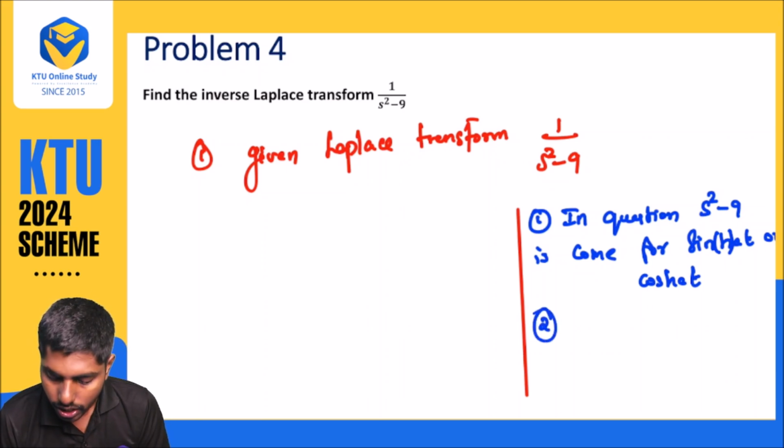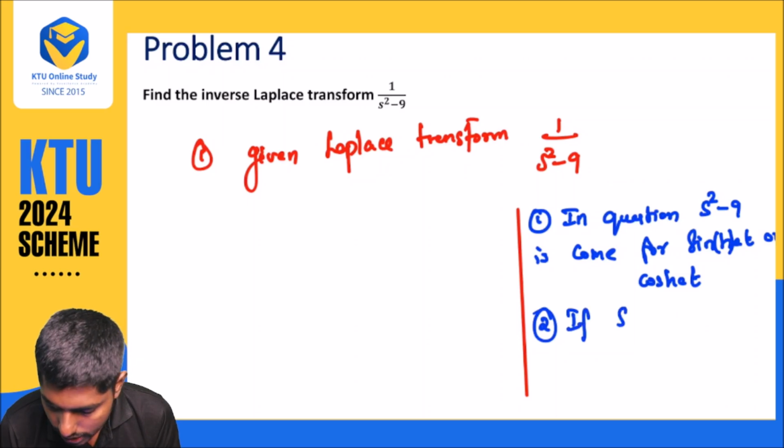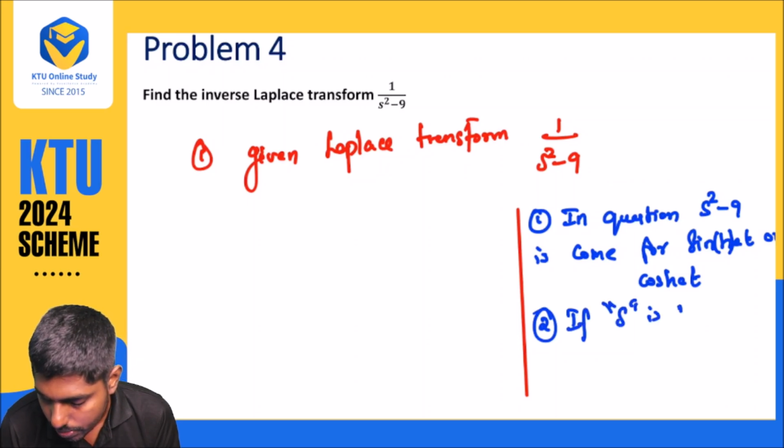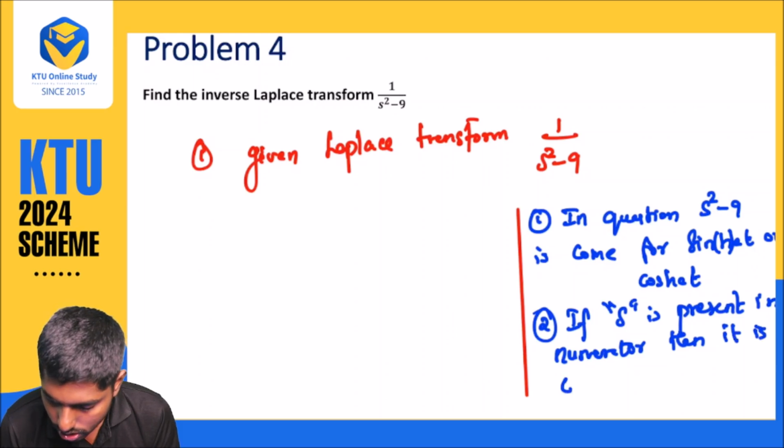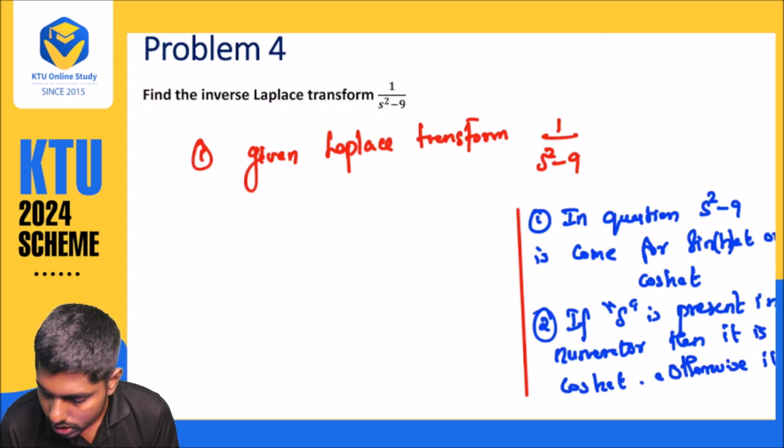Second condition: if x is present in the numerator, then it is cos hat. Otherwise it is sin hat.